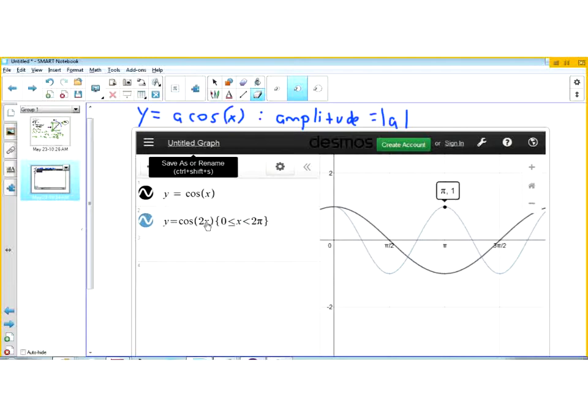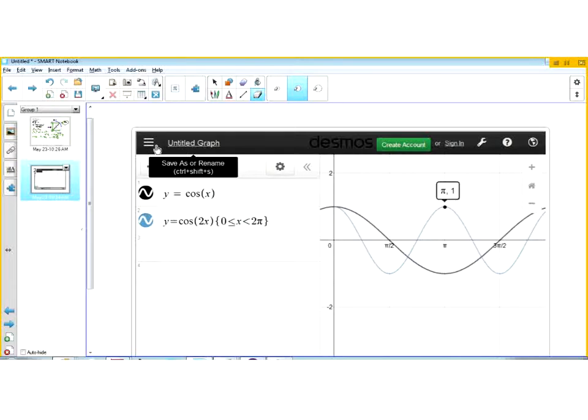So in the case of 2, we've doubled our frequency and halved our period. Okay, so there's a formula here. The formula is the period of a function, that is the distance for one complete cycle of the curve.